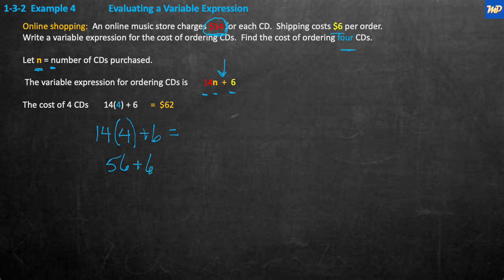And we had to do this multiplication first, according to PEMDAS, according to our rules of order of operations, you have to do multiplication before you can do this addition. 56 plus 6 happens to be what? 62. So $62 is our answer on this.